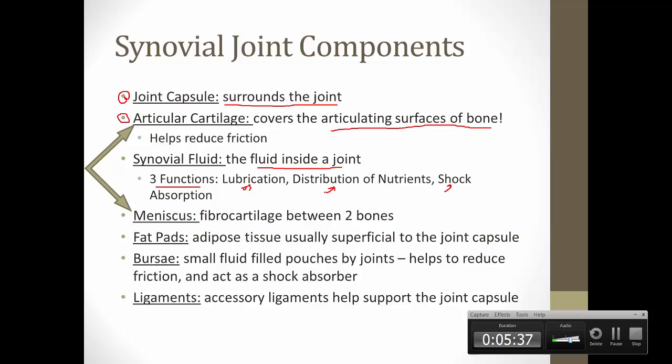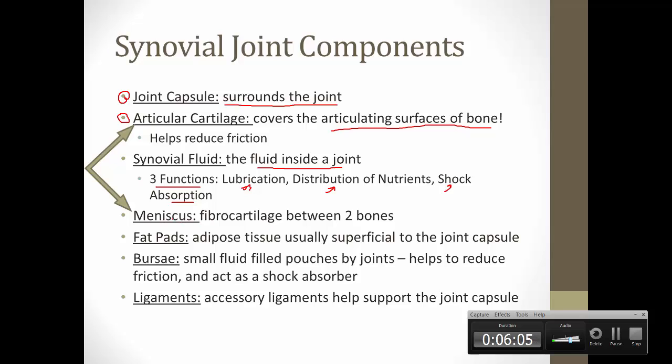We know that all cartilages are avascular and they also lack nerve supply. So the way that they get the nutrients is either from the bone that's below them or from the synovial fluid. And finally, shock absorption, because the synovial fluid provides some sort of cushion.